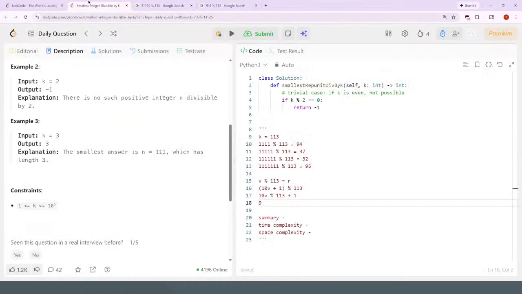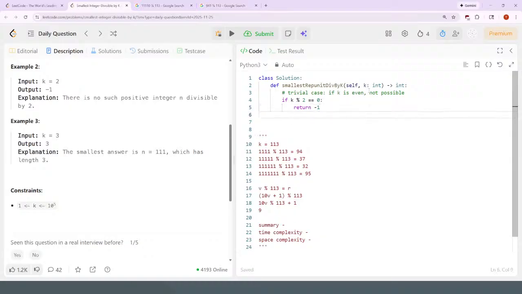Okay, so the calculation just boils down to you take your value, mod your k, get a remainder, then you do 10 times the remainder plus 1 until this is eventually 0. It might not be fast enough, but it's something.